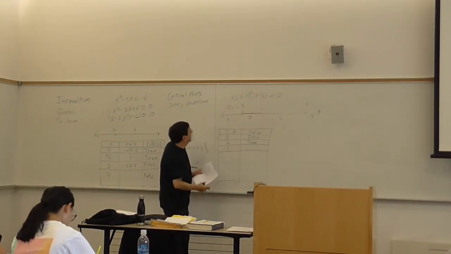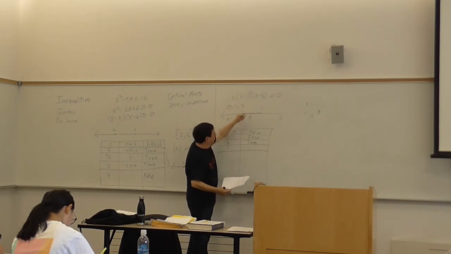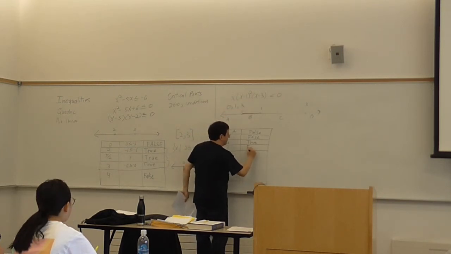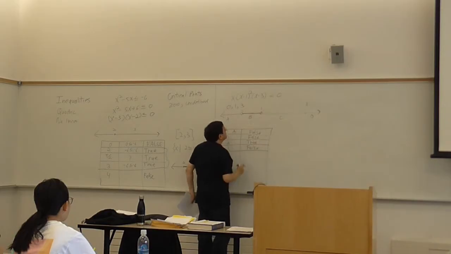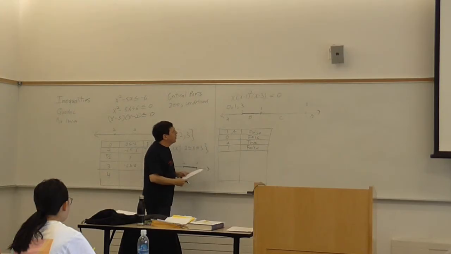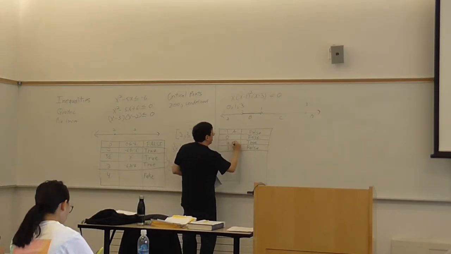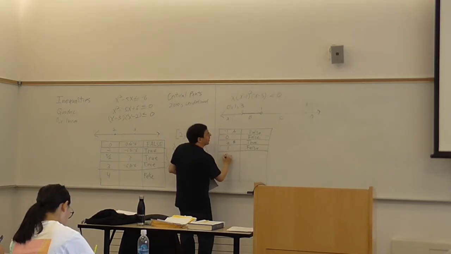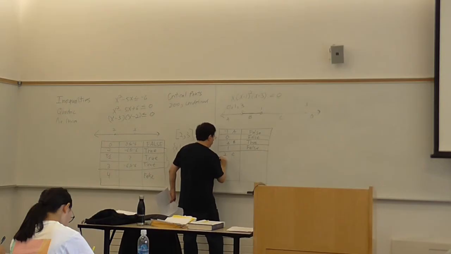Let's take a look at 1. Well, it's 0. The whole thing is 0, so this is false. So I'm going to have a hole here at 1. This is my B region, right? And now over here I'm just going to try 2. My C region.